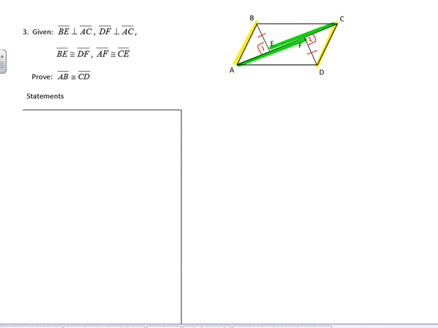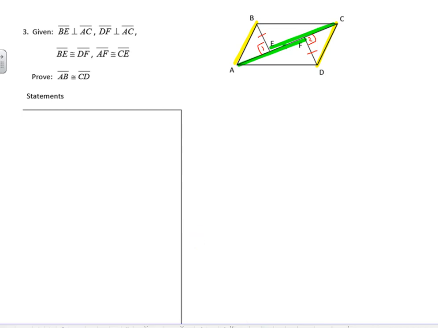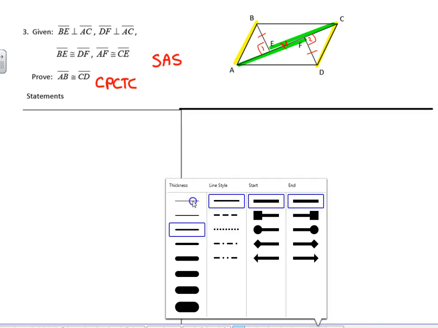While we can use subtraction to get those 2 segments there. And that would end up allowing us to prove that the triangles are congruent with side angle side. And then once we have the triangles congruent, we can do CPCTC. So let me go ahead and show you what that looks like.